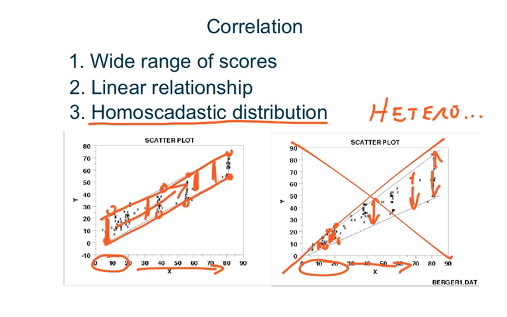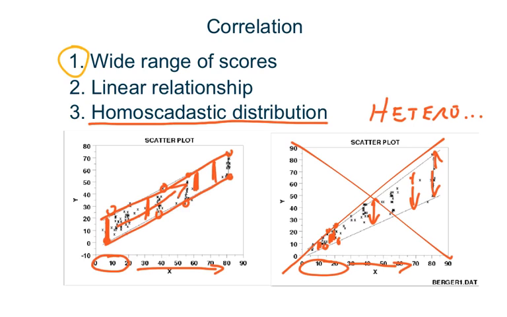So this is why Fred's rule of data analysis is always to visually inspect your data, no matter what type it is, no matter what type of test you're doing. You want to make sure that you've got a wide range of scores across both x and y variables. You want to make sure that a straight line best represents the shape of the data.